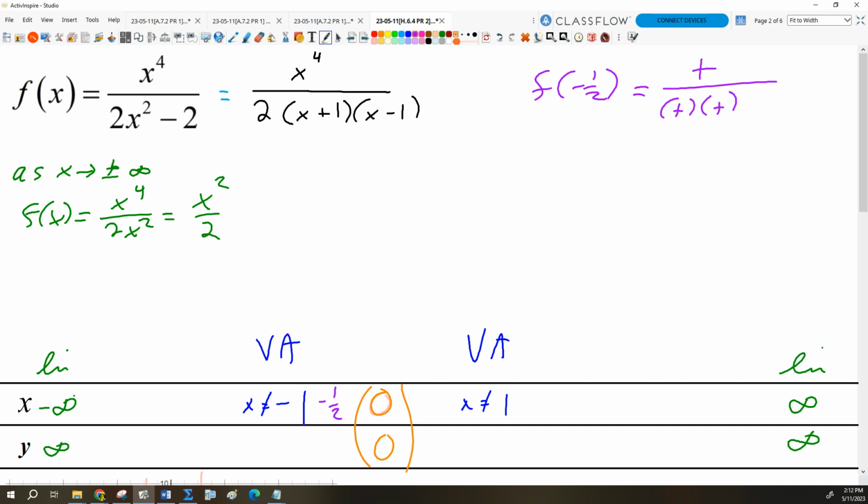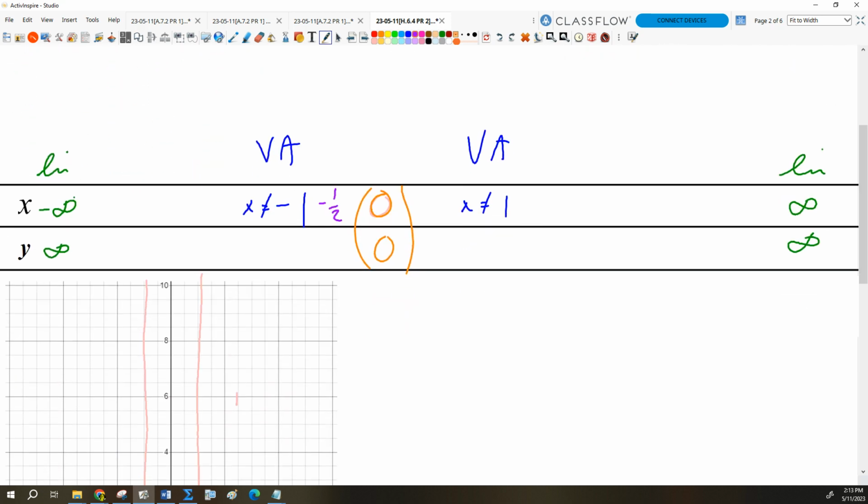What's negative 1/2 minus 1? Negative. Yeah. So then that's going to give me positive on the top divided by negative on the bottom. What's positive divided by negative? It's negative. So we know that we have a negative value there.